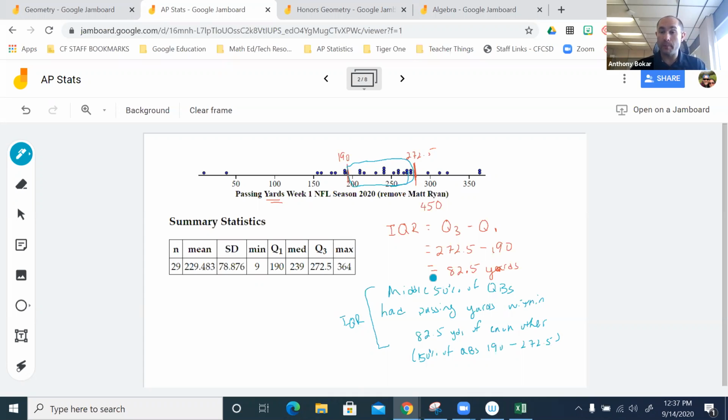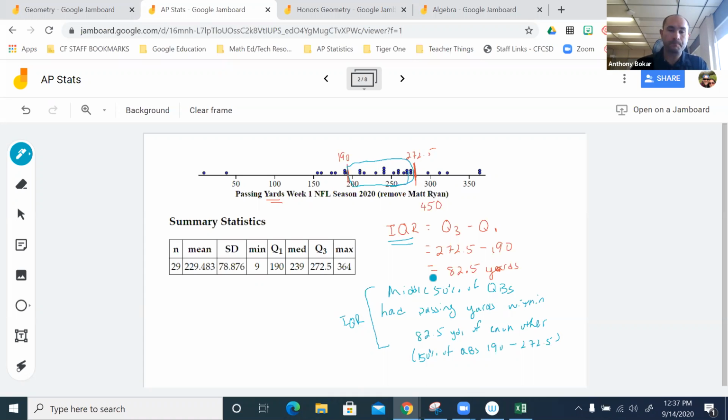So it's also a measure of spread. It measures the dispersion. The smaller the IQR gets, the more compact your middle 50% is, and that tells you it's tight. If it's a bigger IQR, then it's more spread out in the middle, and there's more variability. So IQR also measures the variation in your data, just like standard deviation did, okay?